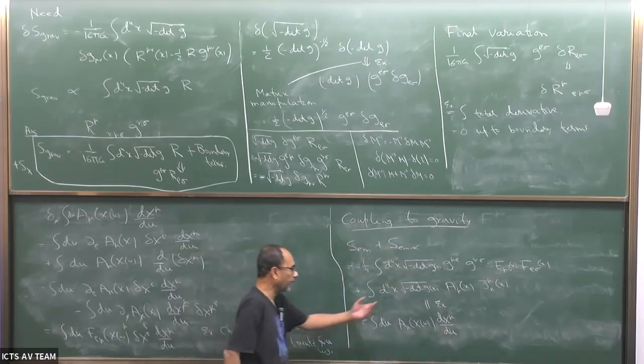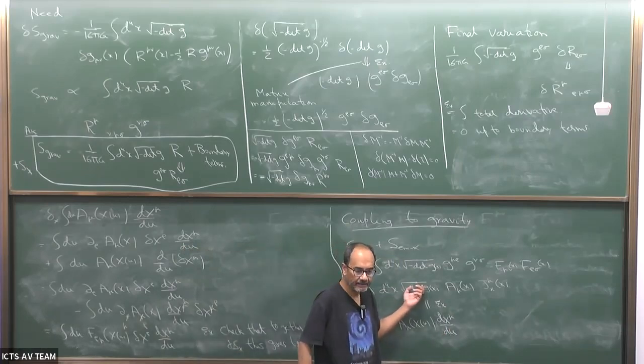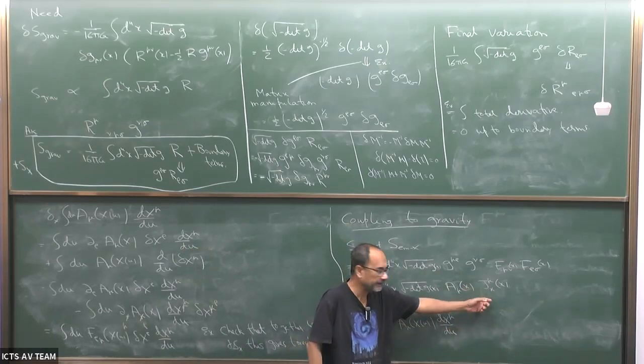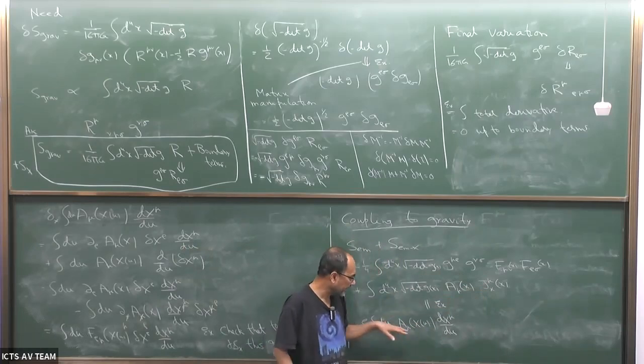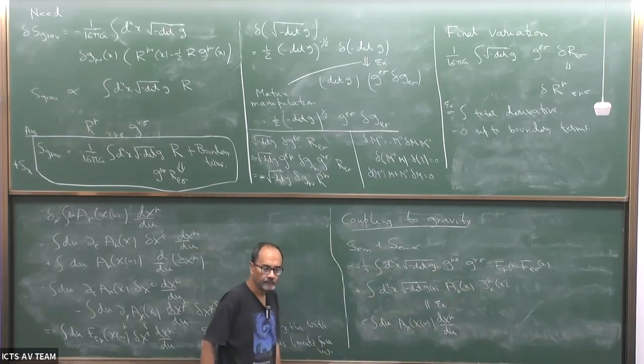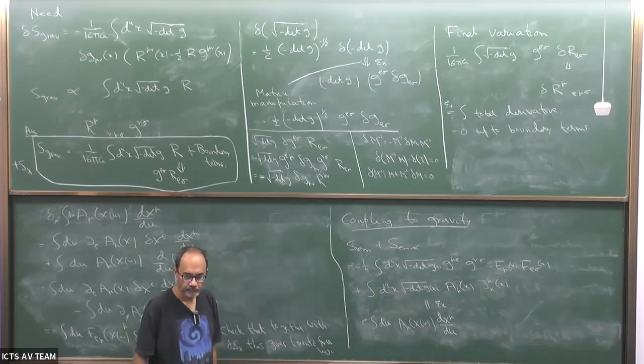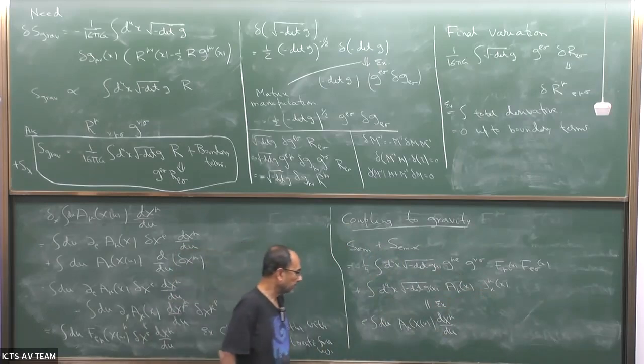Basically this square root of minus determinant g that you see here gets cancelled against the 1 over square root of minus determinant g in the definition of J mu. If you go back to your notes, you'll find that there is 1 over square root of minus determinant g there, and they all cancel, and eventually you get this. So exercise 1.